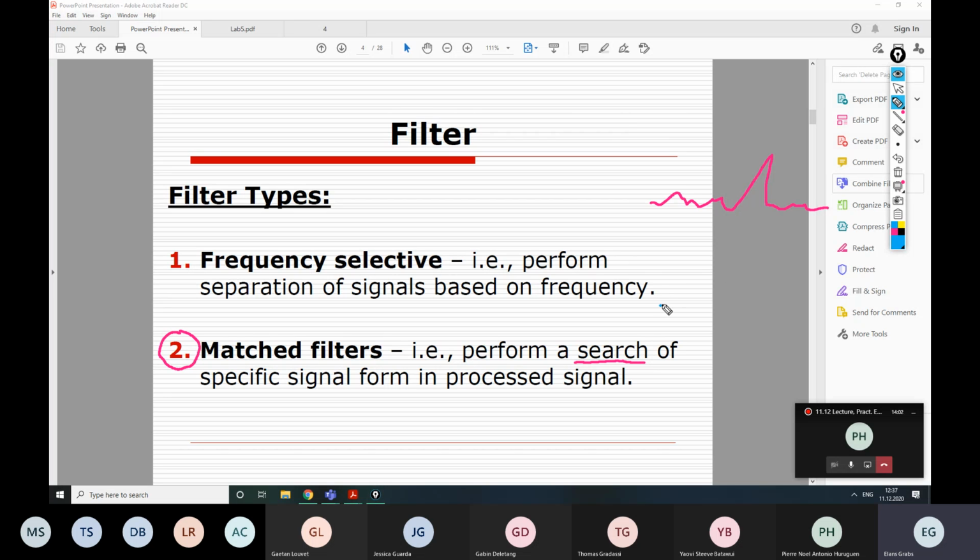So we are going to design a special filter which is made to look for some specific pattern in our signal, and when they match, the filter will generate a high value of energy. This is basically exactly what we need to perform the receiving of signals in case of noise. So we will talk mostly about matched filters today.